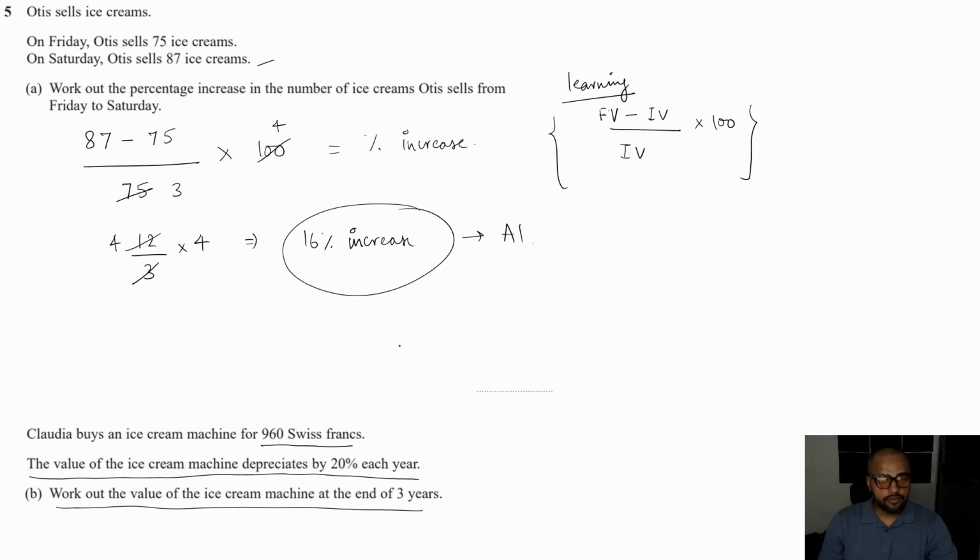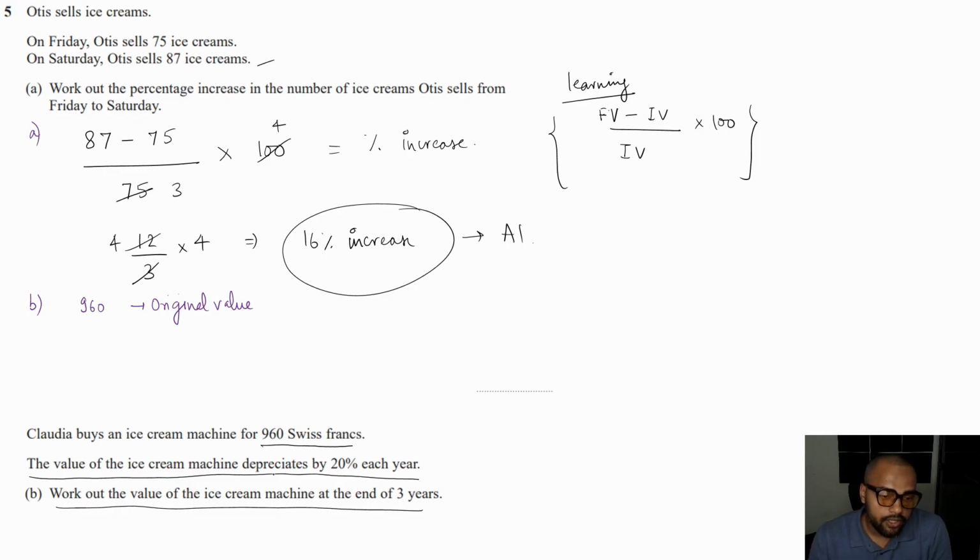I'll be choosing a different color here because I'm solving the second part. This is our first part. The value of this ice cream machine is getting depreciated by 20% each year. 960 Swiss francs was the original value.